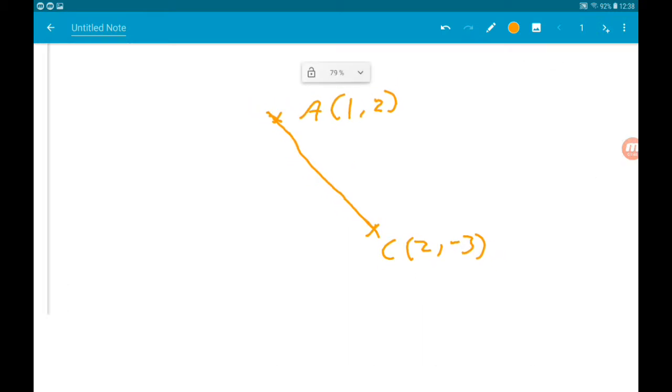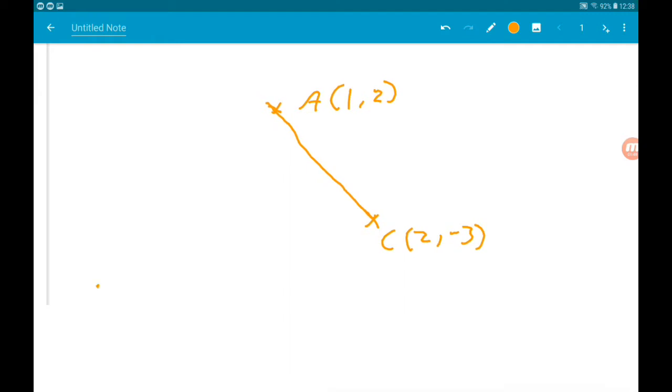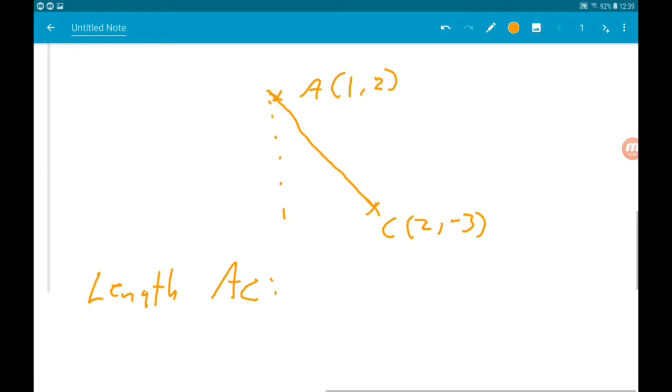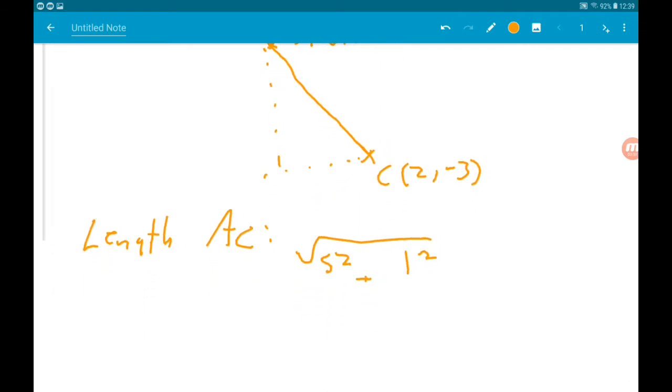Okay, now the length AC, and it's Pythagoras. So our height is 5, so it's the square root of 5 squared, add the length, which is just 1, so the square root then of 5 squared add 1 squared is root 26.